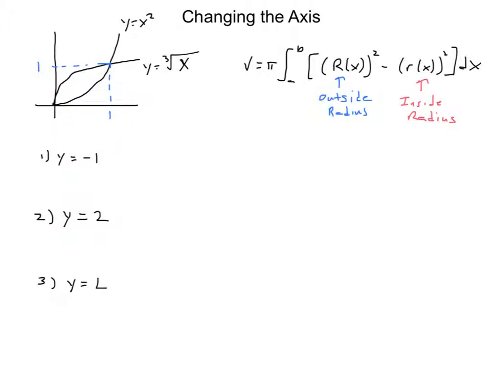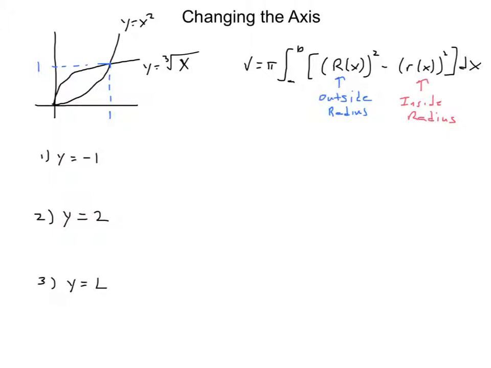And so for this particular problem, rotating around y equals -1, my outside radius is going to be the cube root function and my inside radius is going to be x squared.